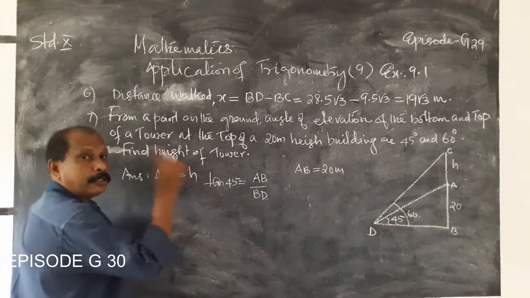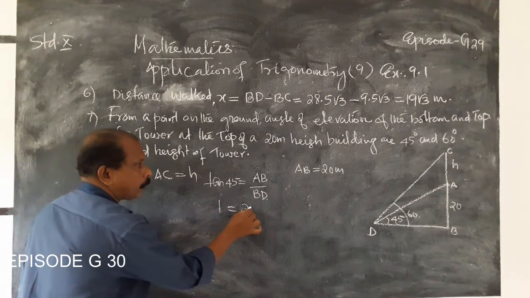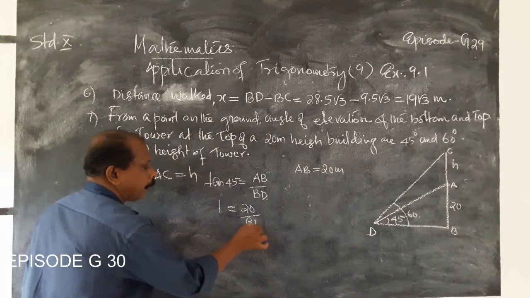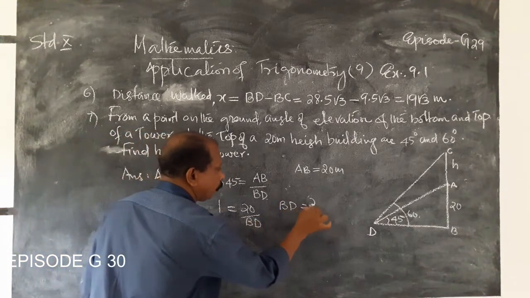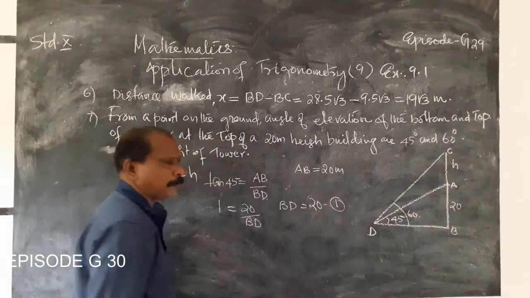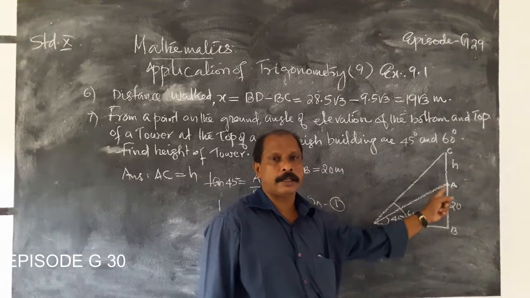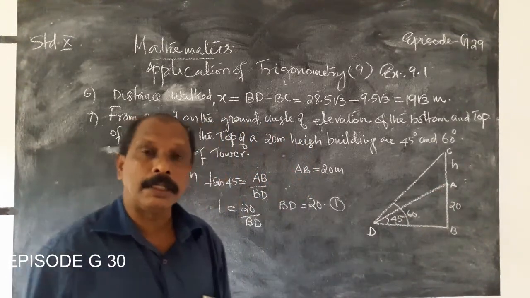What is tan 45? It is 1. Therefore, 1 is equal to 20 by BD. Cross multiplication, BD is equal to 20. That means the angle is 45 degree, this right angle triangle is an isosceles right angle triangle. Therefore, AB and BD are equal.